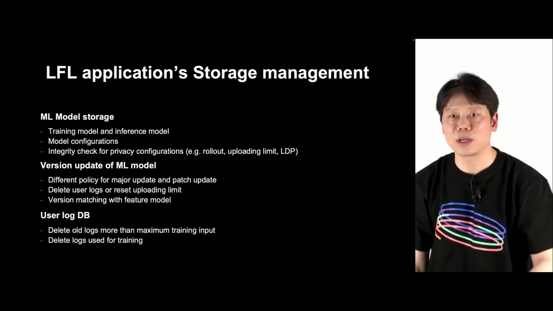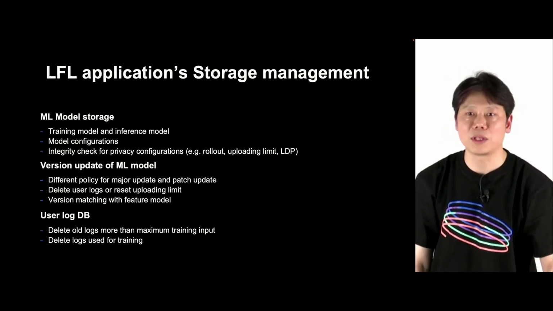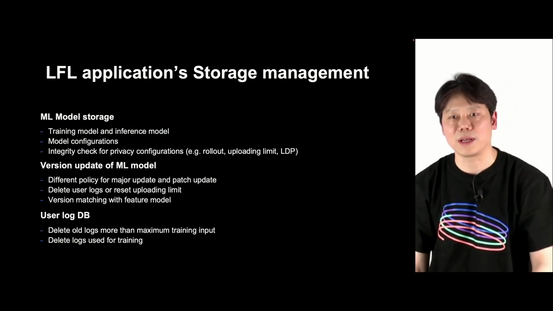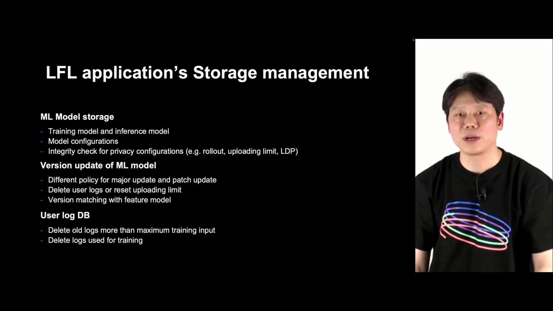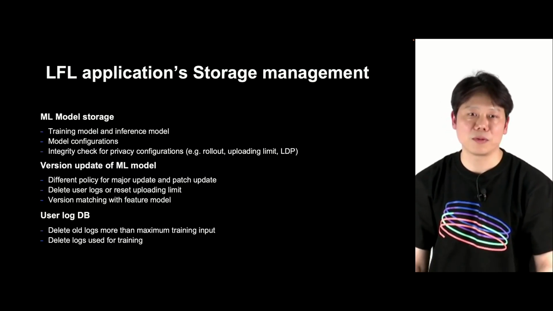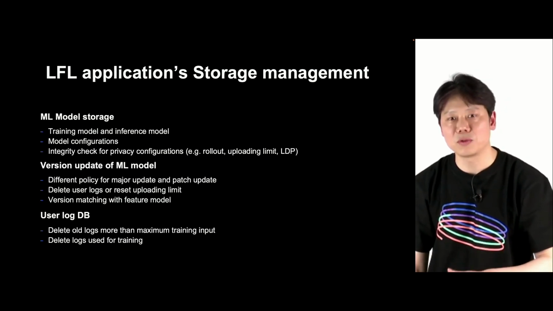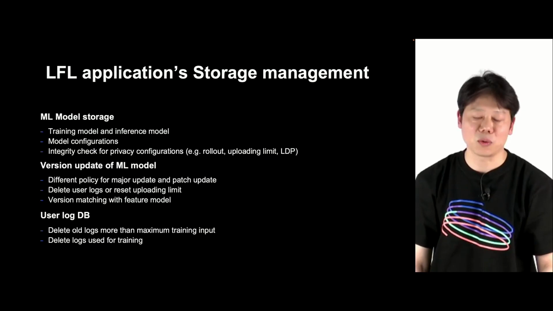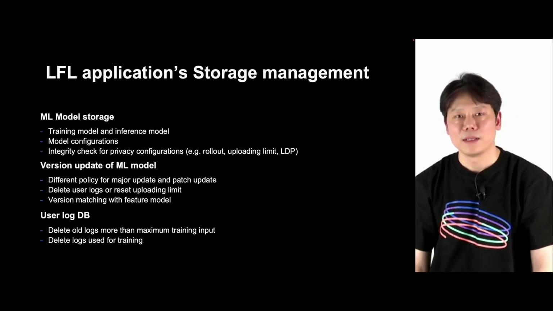And Line App's feature service has additional information and a feature model, so there should be an update with the model. And for user logs, the minimum number of logs that are necessary for training are capped. And when the number hits the limit, the oldest log is deleted first.